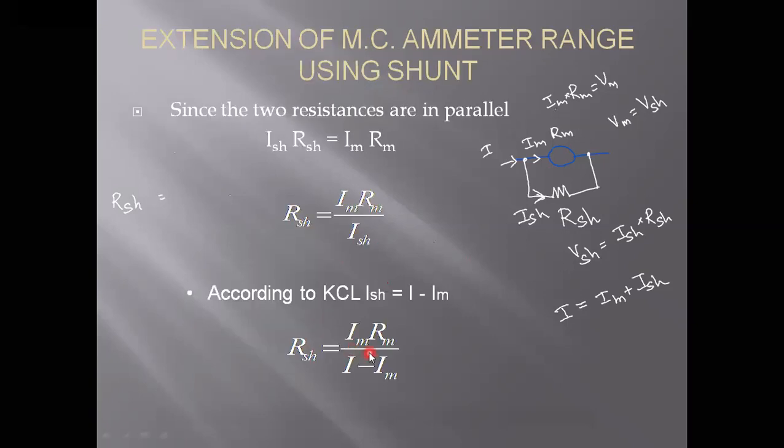Let me write it here. RSH is equals to IMRM by I minus IM.